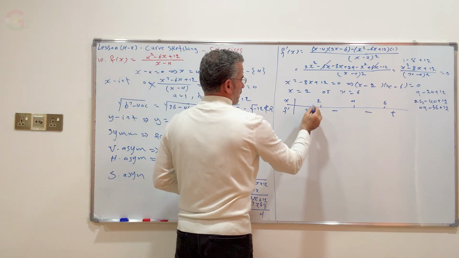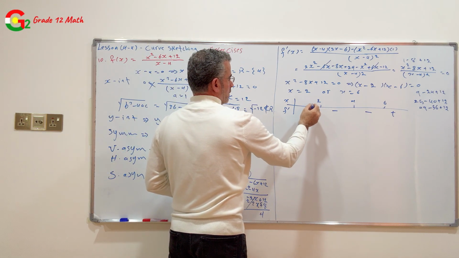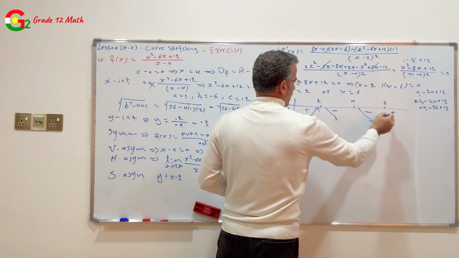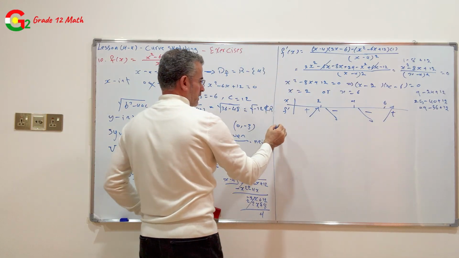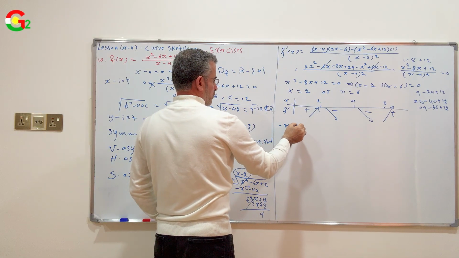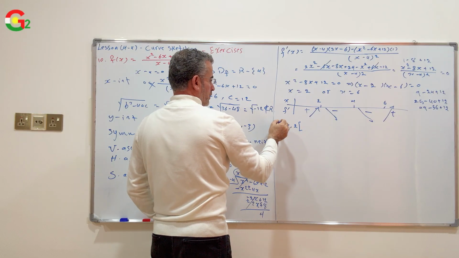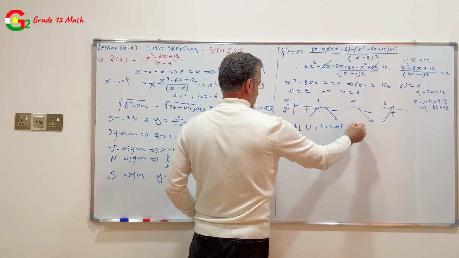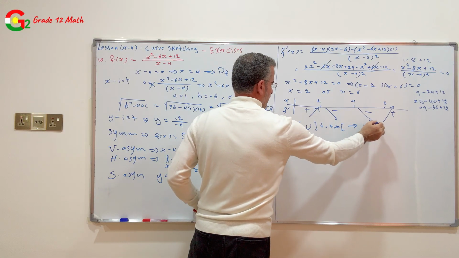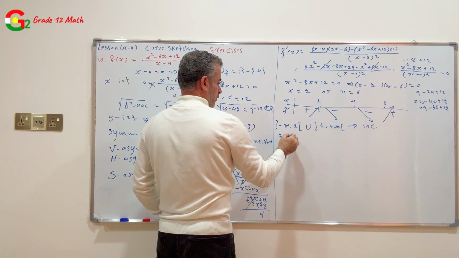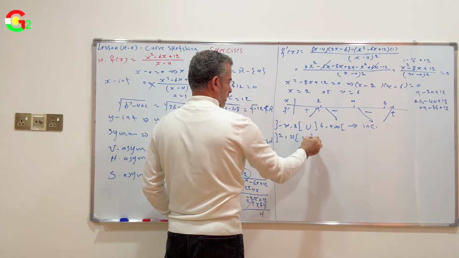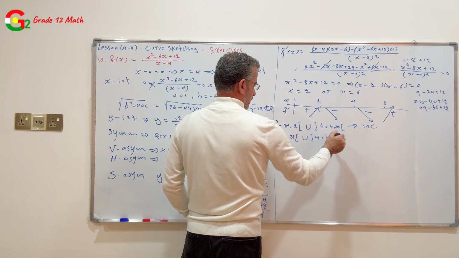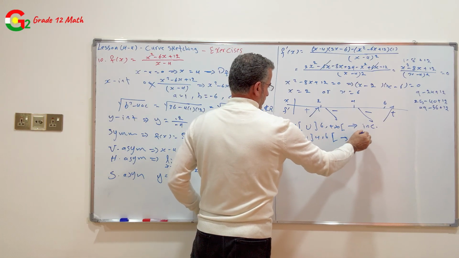Therefore, x equals 2 is a local maximum for this function, and x equals 6 is a local minimum. From negative infinity to 2 union 6 to positive infinity, these are intervals of increasing, and from 2 to 4 open interval union 4 to 6, these are intervals of decreasing.